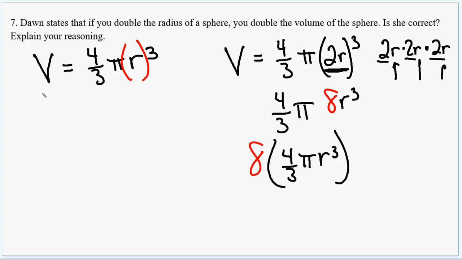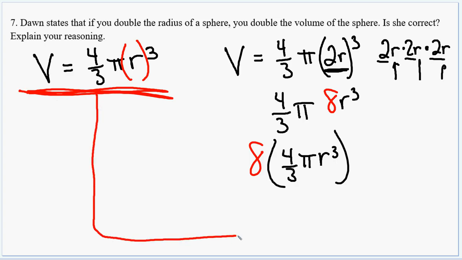So if we had a radius here, that would be our volume. And if we double the radius, now we have 8 times this. So here, doubling the radius gave us 8 times the volume. So Dawn, not very correct.